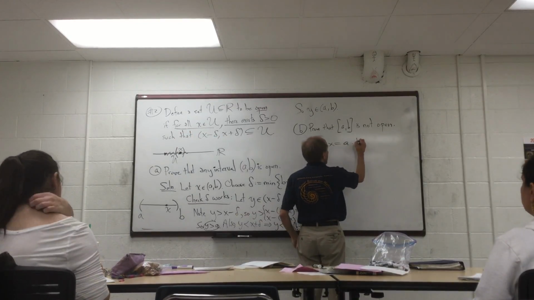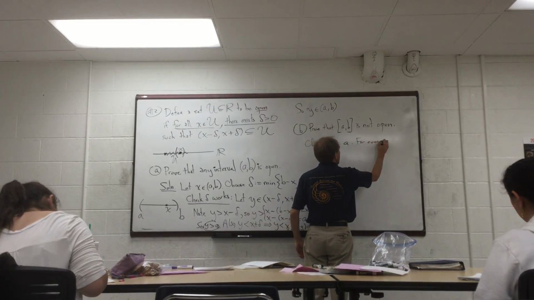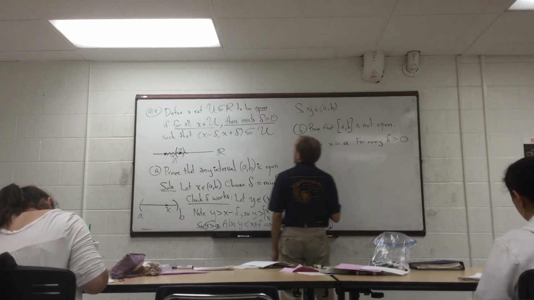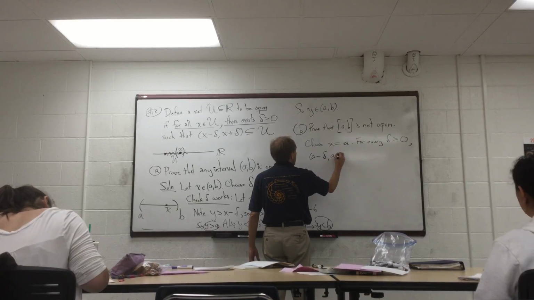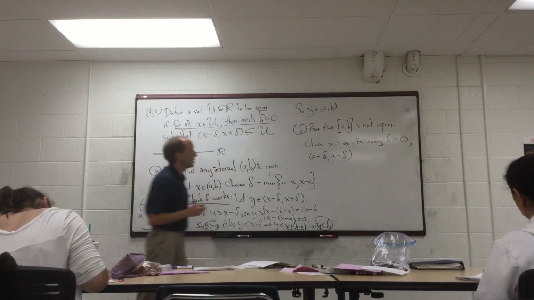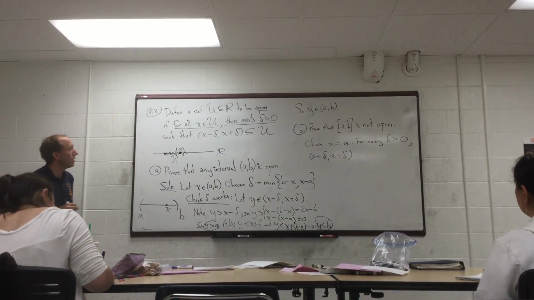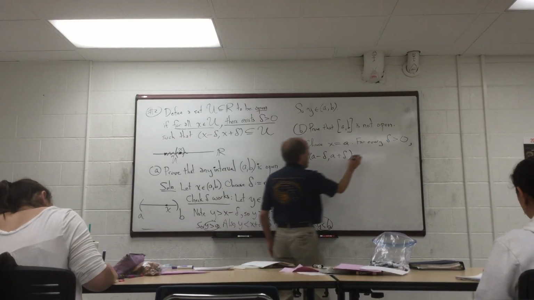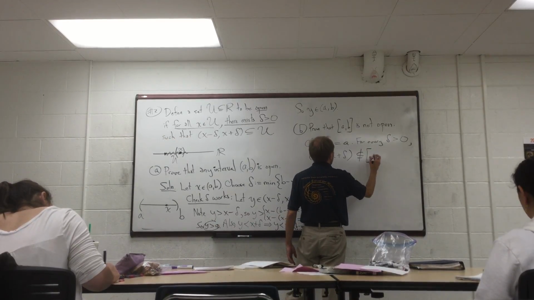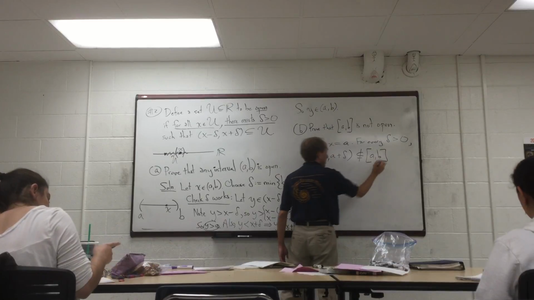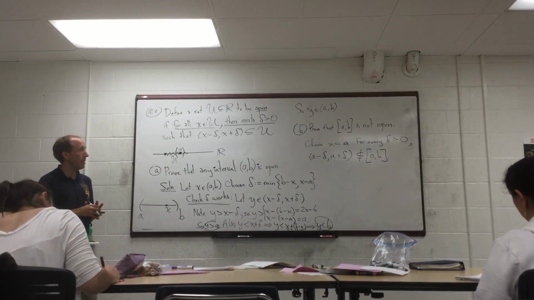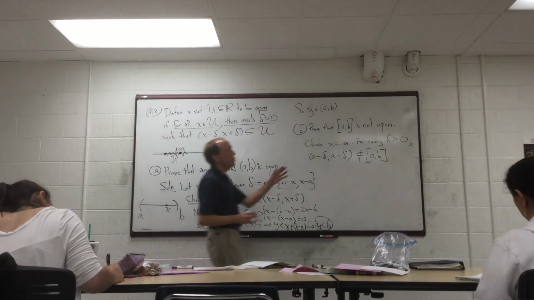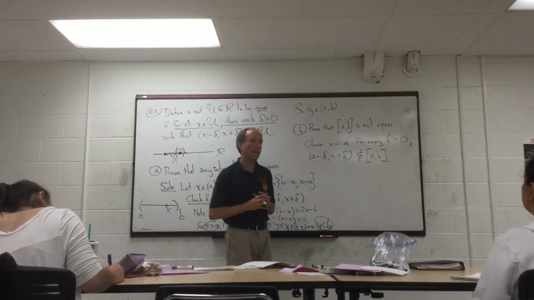So for every delta greater than 0, the interval from a minus delta to a plus delta, if we form that interval, is not contained in the closed interval AB. So every delta fails. You wouldn't even really need to justify that. It's pretty clear.